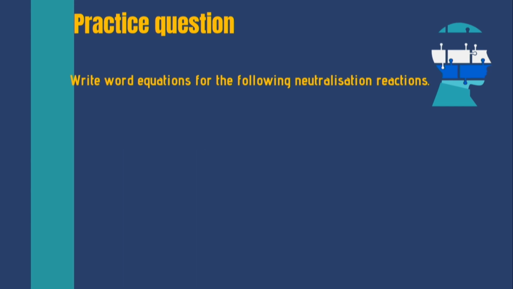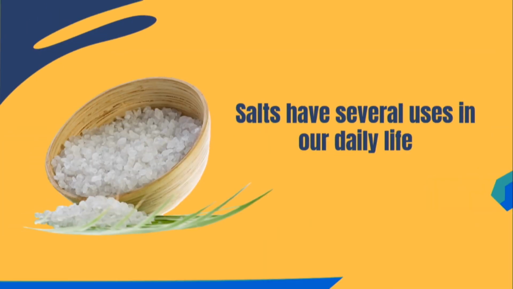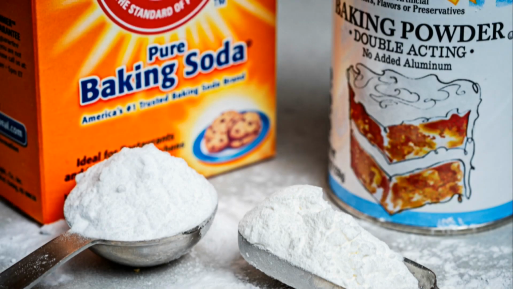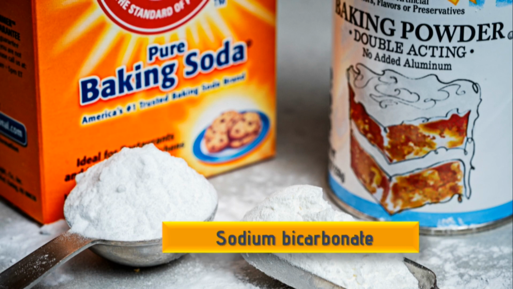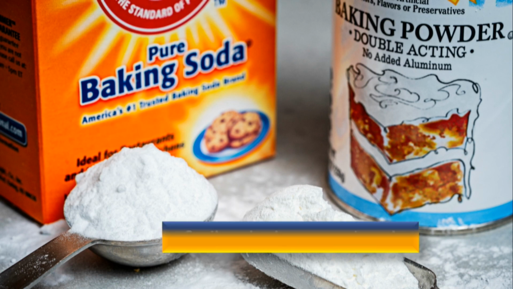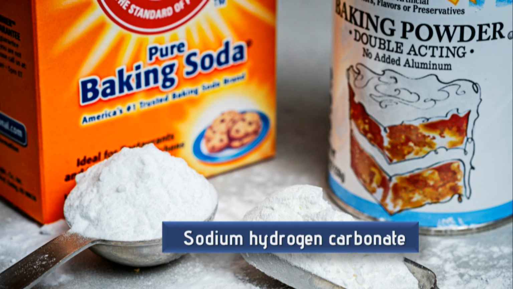In fact, all salts have various uses. Now, let's take a look at some salts that we use in our daily life. Baking powder contains sodium bicarbonate, also known as sodium hydrogen carbonate.